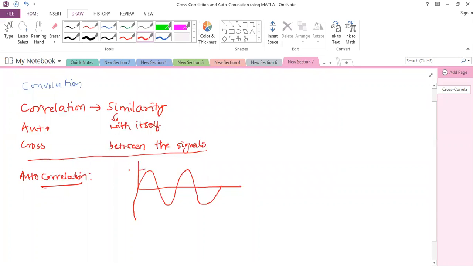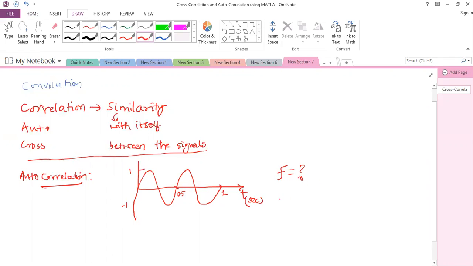So this is a sine wave, assume. This is a sine wave of peak to peak 2 volts, and this is 0.5 seconds. This is 1 second. This is time, in seconds. So what is the frequency of this?